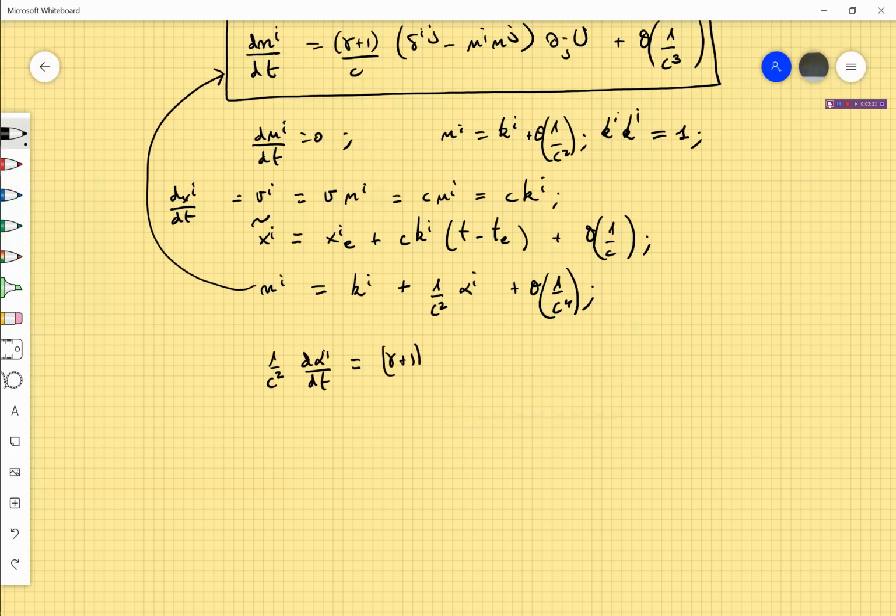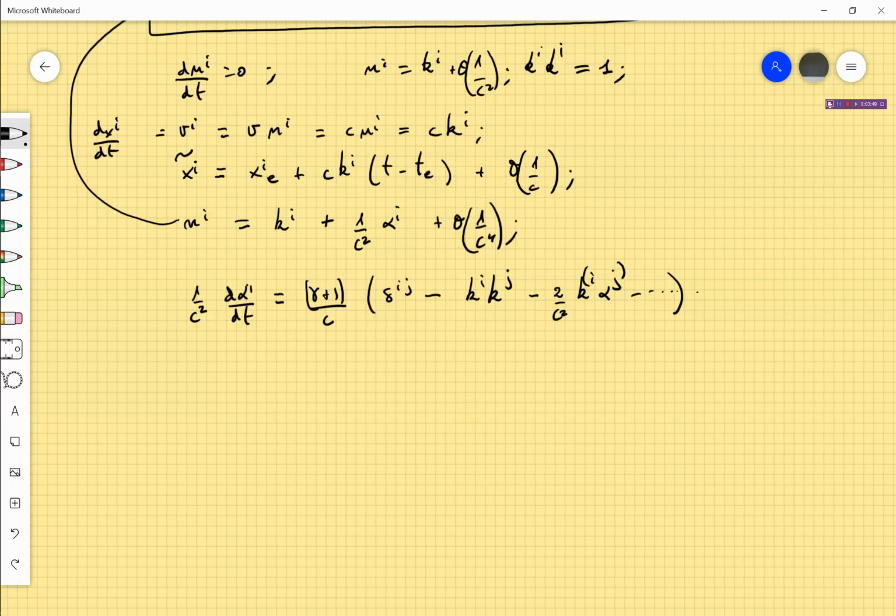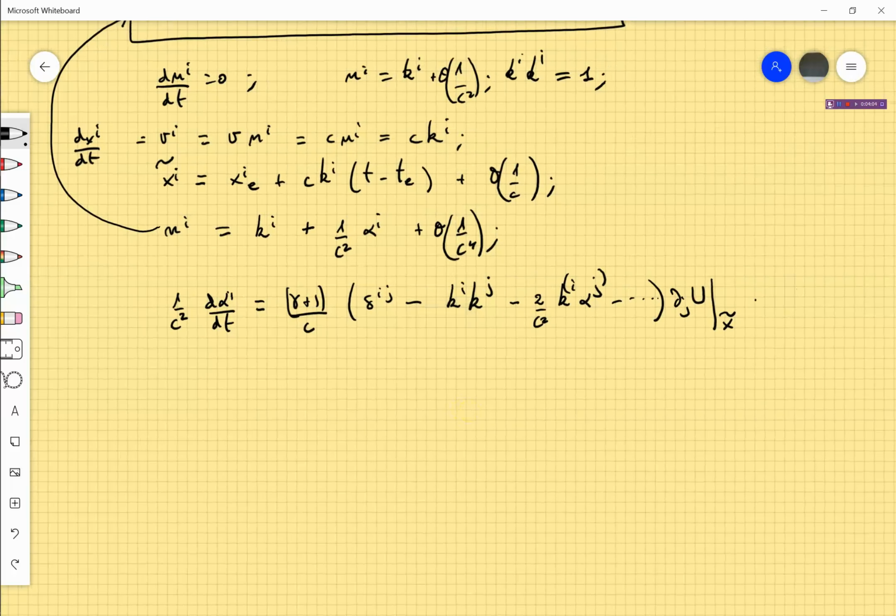You have (gamma plus 1) divided by c, delta ij minus, and then you substitute the solution for Ni: ki kj minus 2 over c squared ki alpha j symmetrized, minus terms of higher order that we will discard, times partial j u, where this u is evaluated at the lowest order solution, plus terms of order 1 over c cubed.